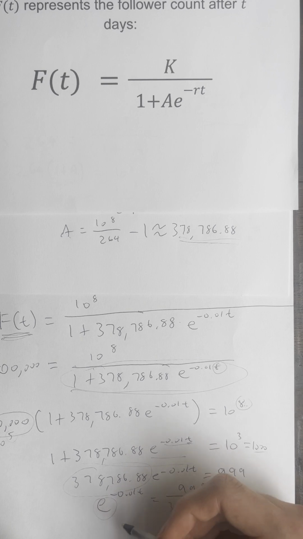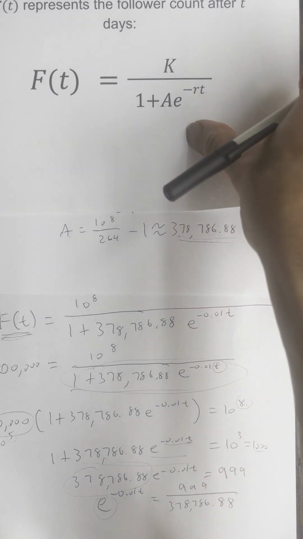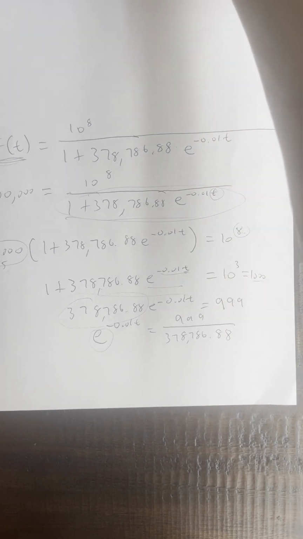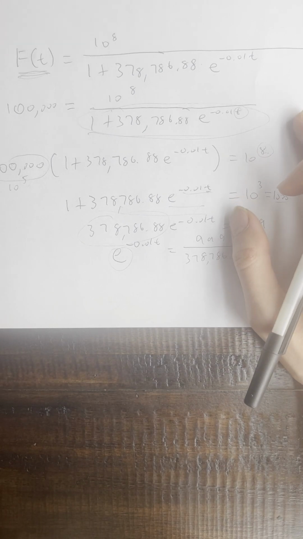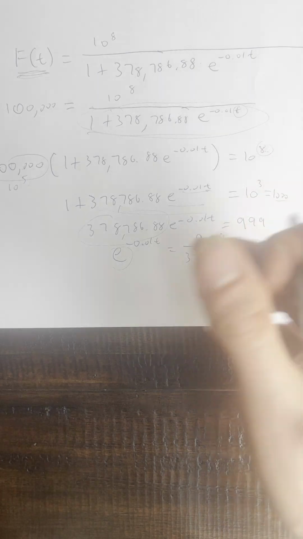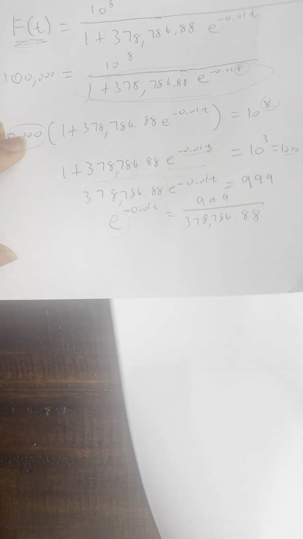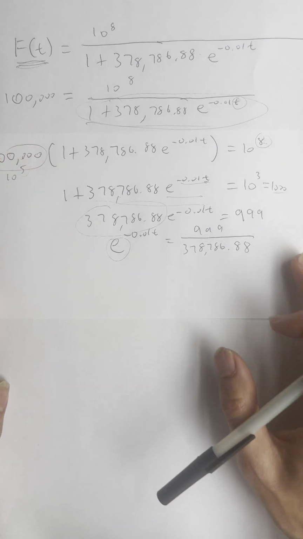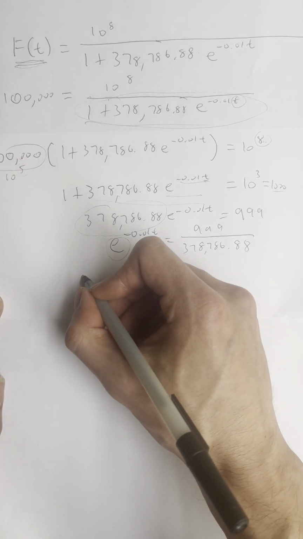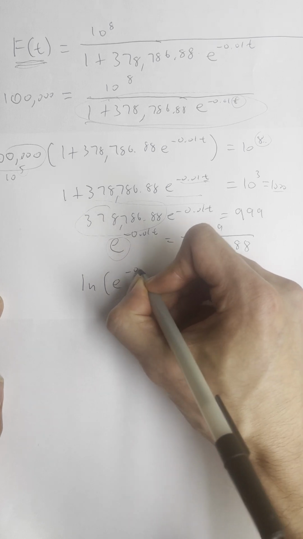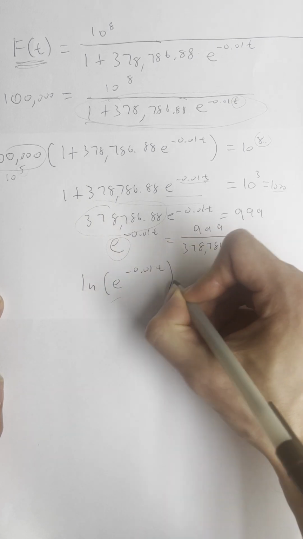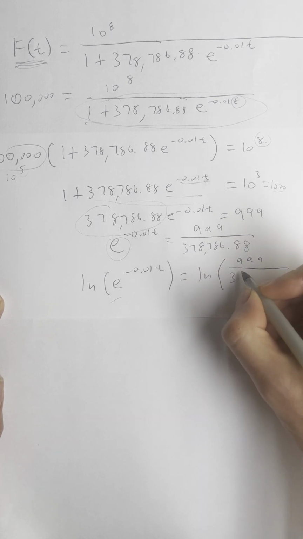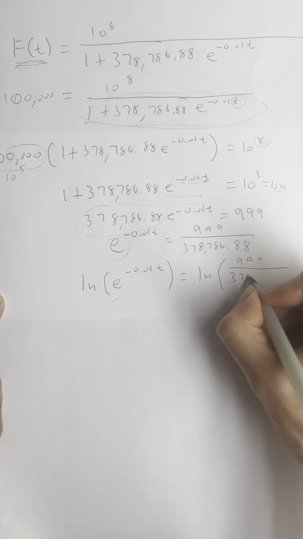I can take the natural log of both sides of the equation. So I'll get another sheet of paper. If we take the natural log of both sides of the equation, we're going to essentially get rid of the e there.